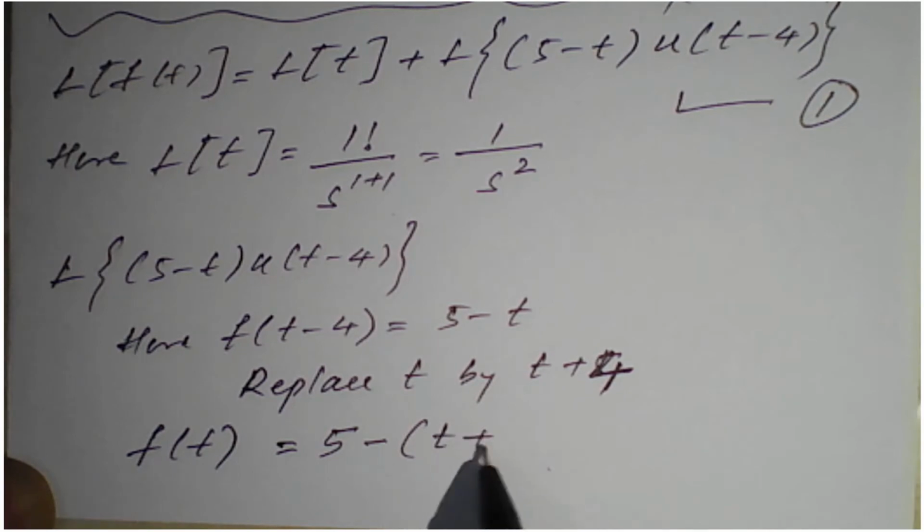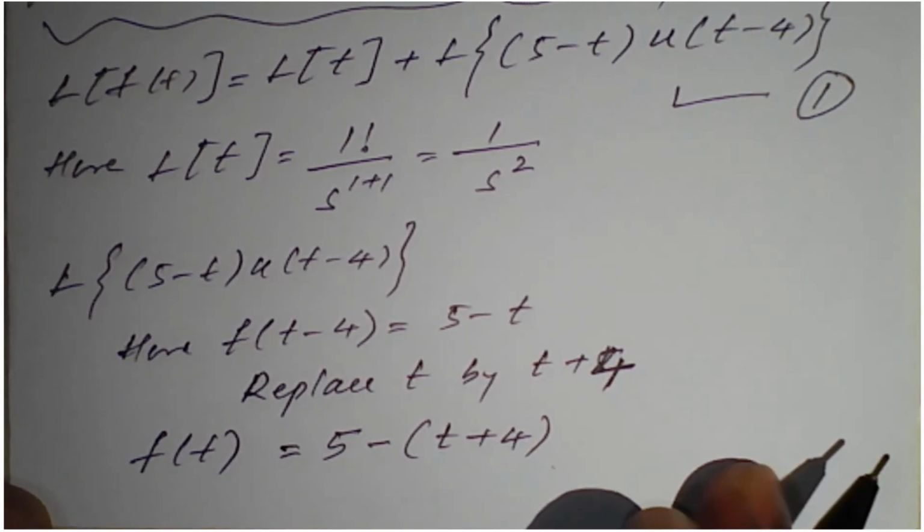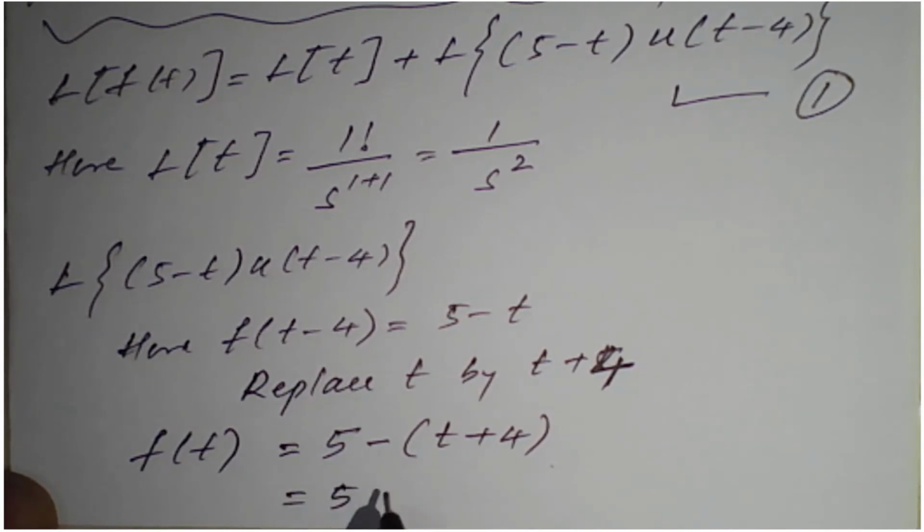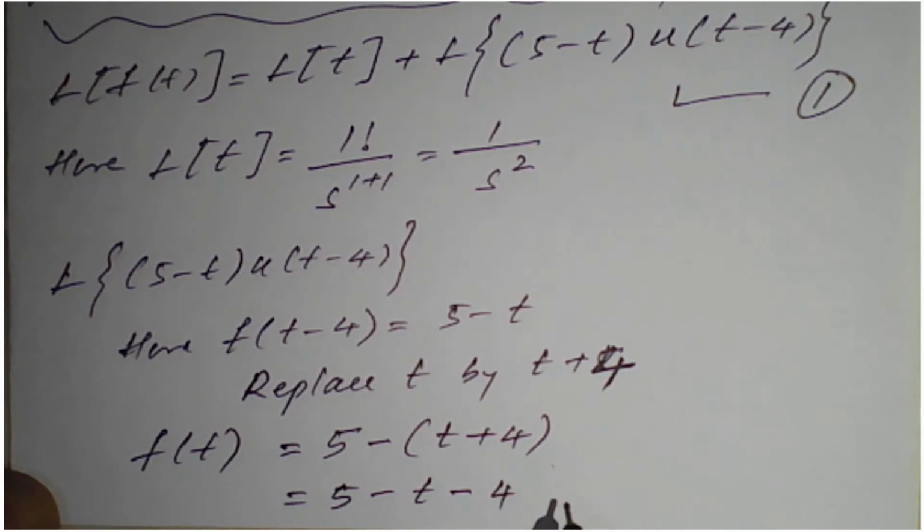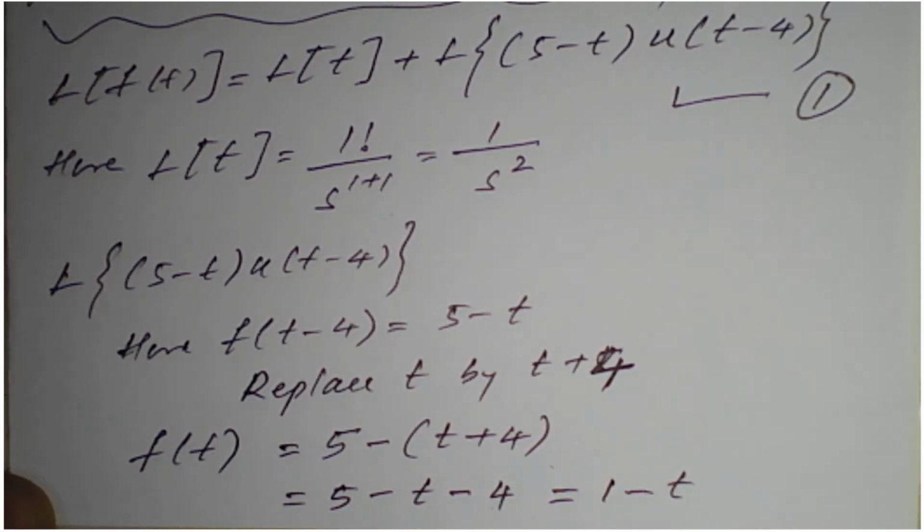Simplify now, which is nothing but pi minus t minus 4, which is 5 minus 4 is 1 minus t. So therefore our f of t will become f of t is equal to 1 minus t.